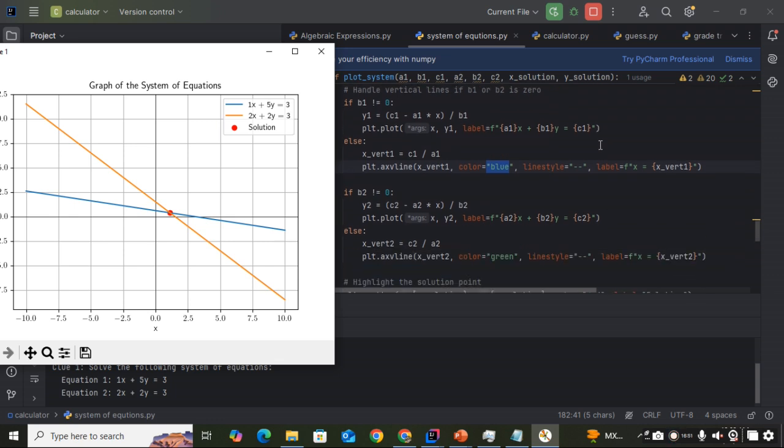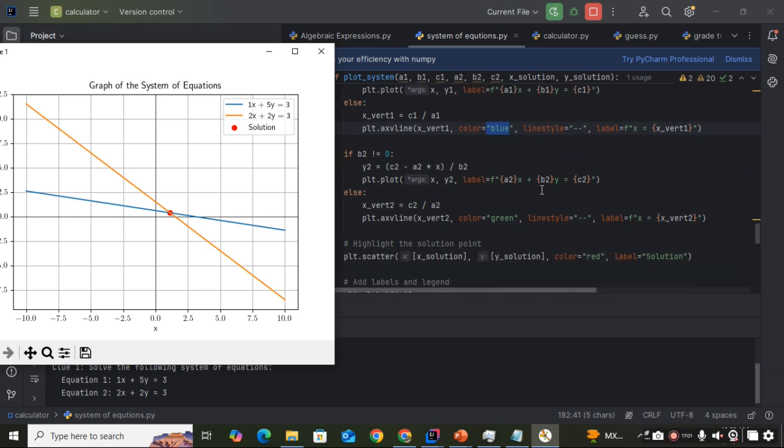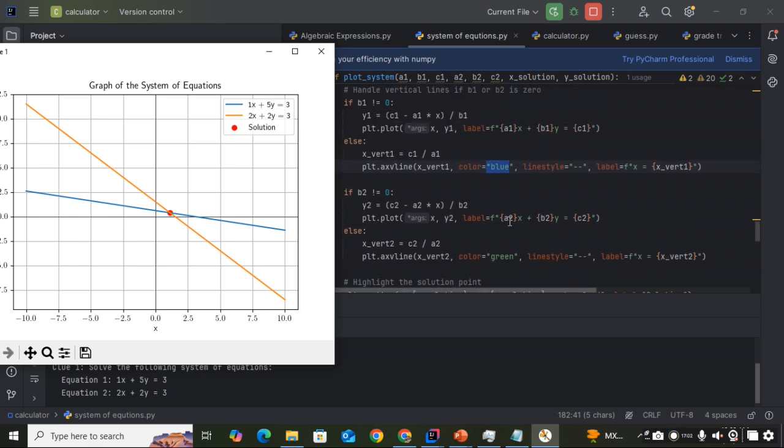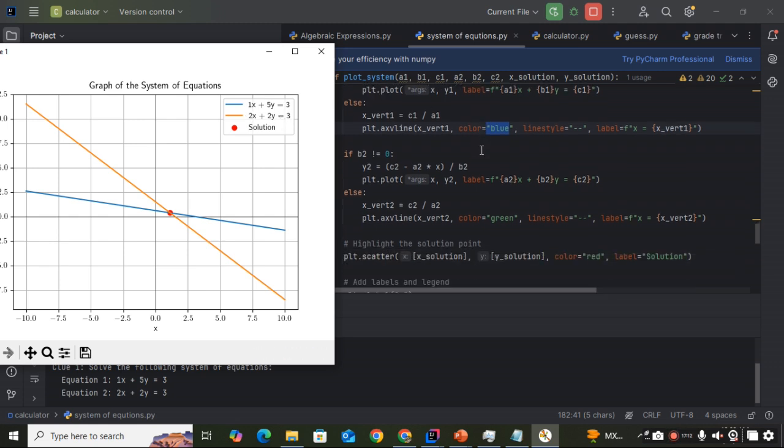Now the other one, we have a2x plus b2y and c2. So we have this, and we also have the solution.